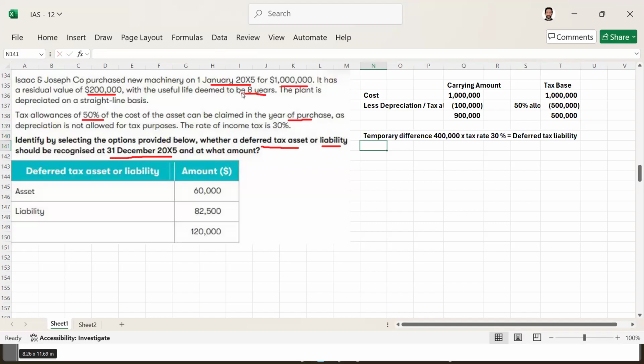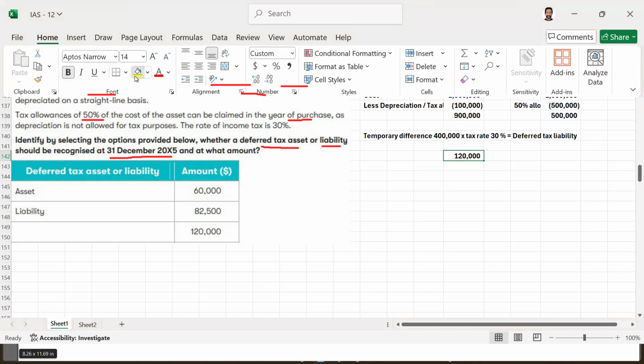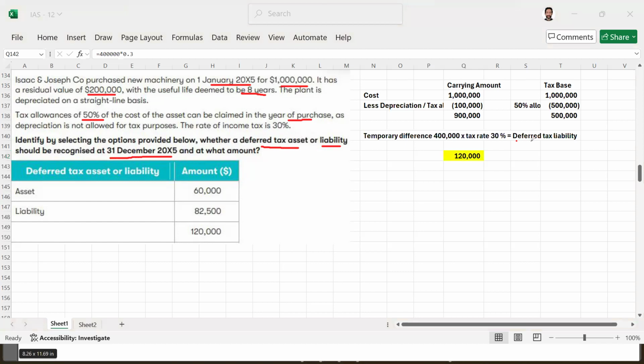So that is straightforward. We simply take the 400,000 multiplied by 30%, that is 120,000. So it's a deferred tax liability. I hope this is clear. It's a deferred tax liability of 120,000.